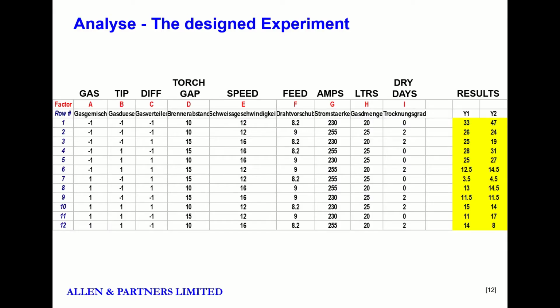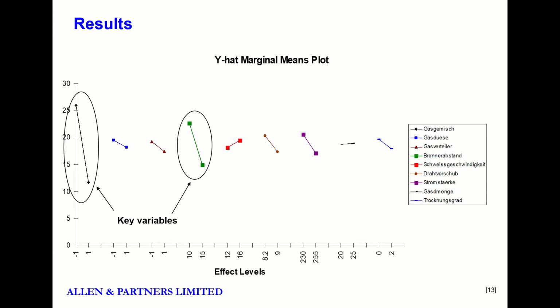You can see that we're running a Taguchi L12, with the results at the end for the weld quality, and following this data set on the next slide, I'm showing you the factorial plots. You can see there are 2 variables that are identified as being very important: the first variable and the 4th variable in the DOE table.